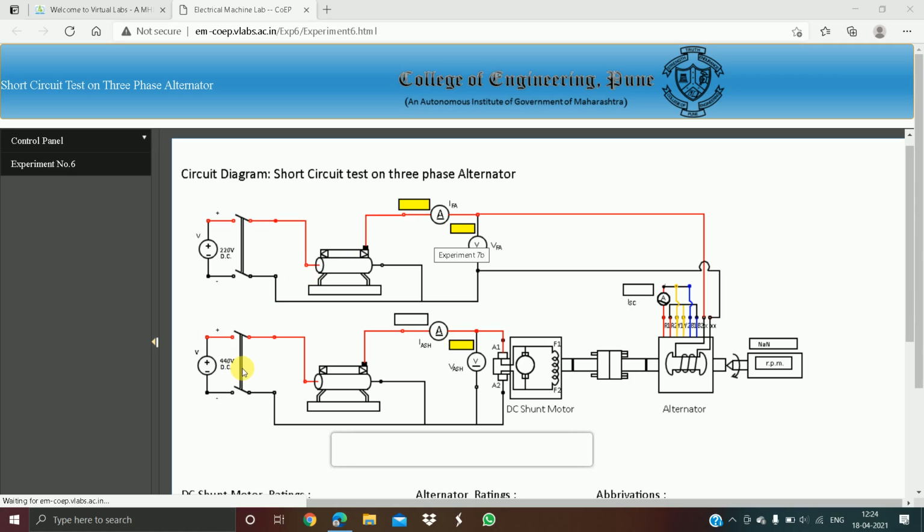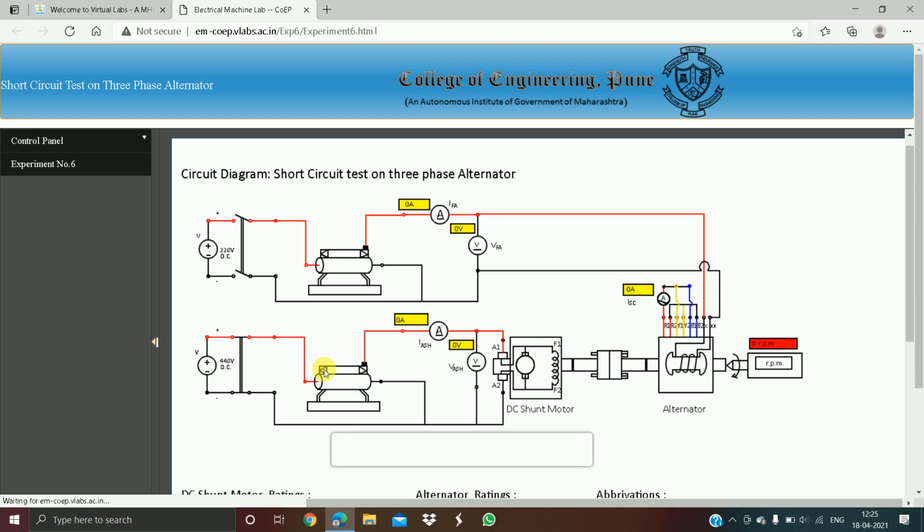Close the DPST switch of the DC shunt motor, and by varying the rheostat you can increase or decrease the speed of the alternator. When current starts to flow into the DC shunt motor, the armature starts to rotate, so the output is mechanical, and it is interconnected to the alternator through a shaft, which starts to rotate and the alternator gains speed.